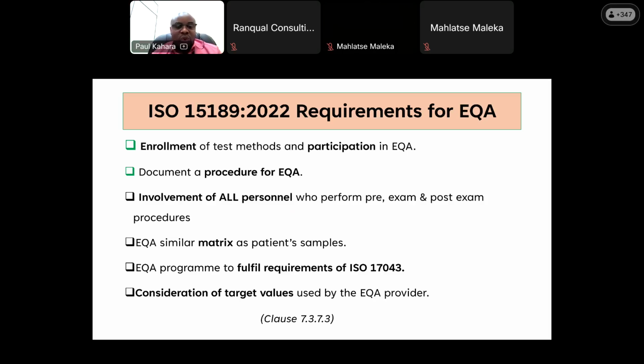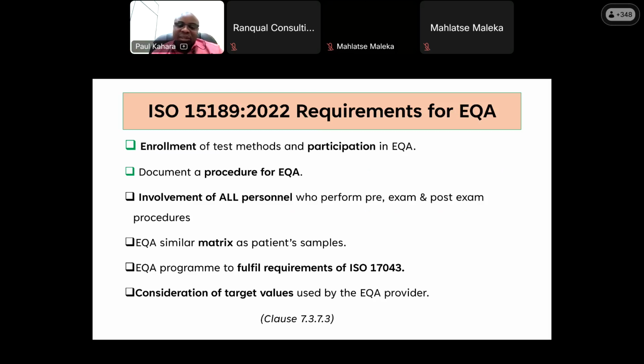Anyone who participates in testing or even in the pre-examination exercises should be involved when it comes to running of IQC and also EQA. You have realized in some laboratories, their staff will always be out on leave or out on some night duty, and in a whole year, they may not participate in the EQA. So we need to have a schedule, a program of how we can make sure everybody participates in EQA.